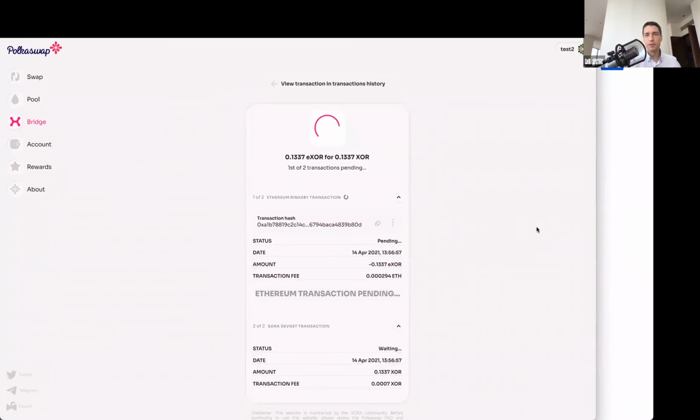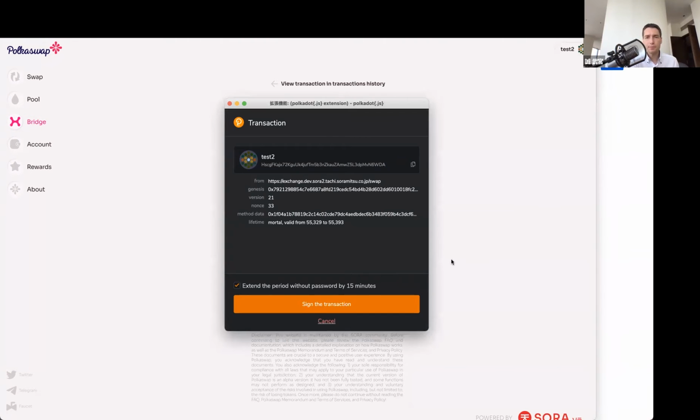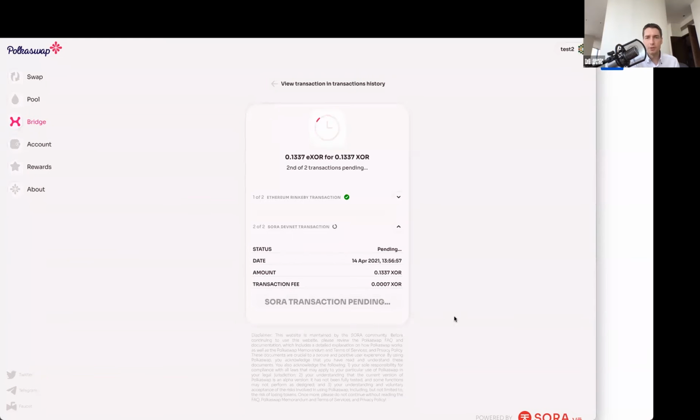You first sign the transaction on Ethereum. Well, there's no finalization in Ethereum. It gets put into a block, and then you send this cryptographic proof on the SORA network, and it gets processed.